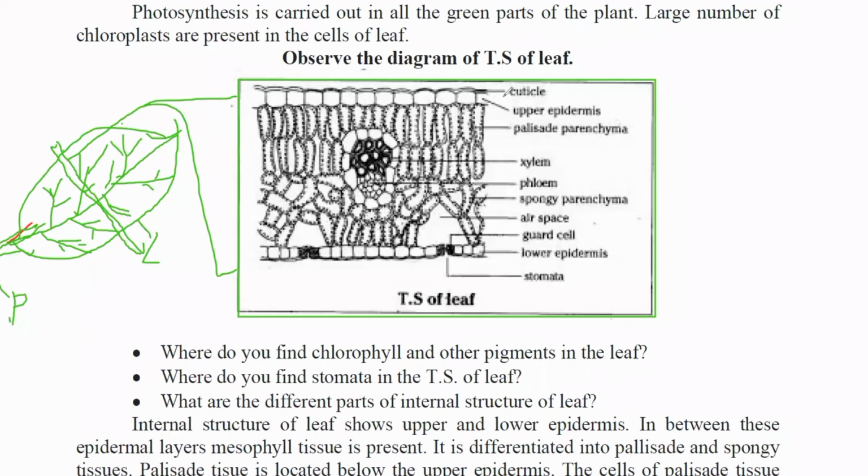Already I said it has four major parts: upper epidermis, lower epidermis, mesophyll, and vascular bundle.